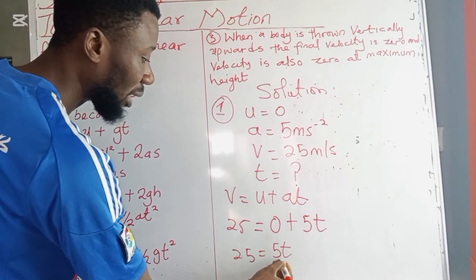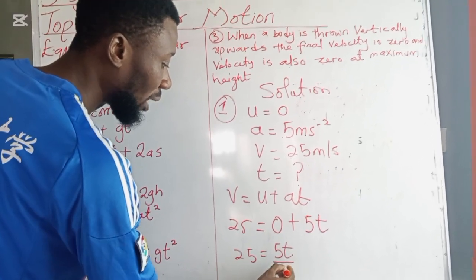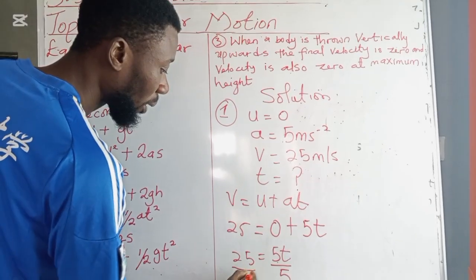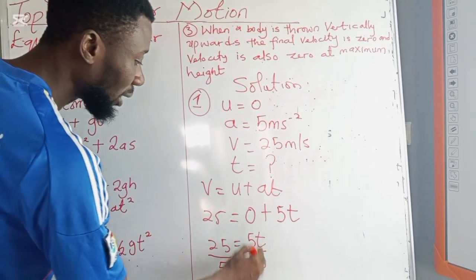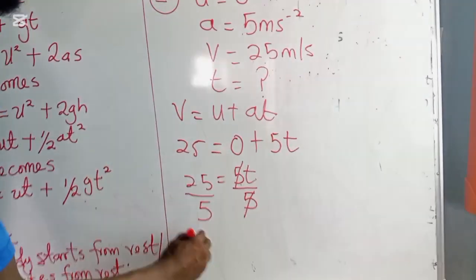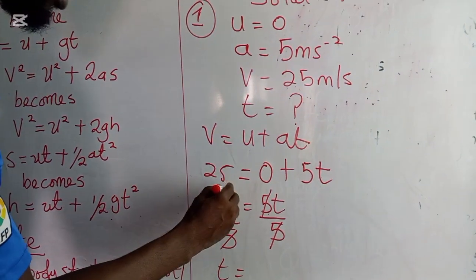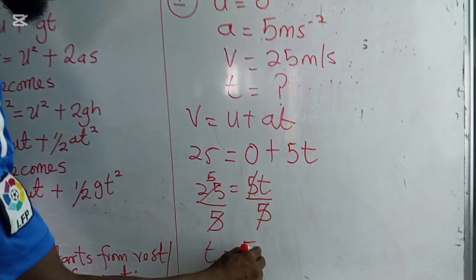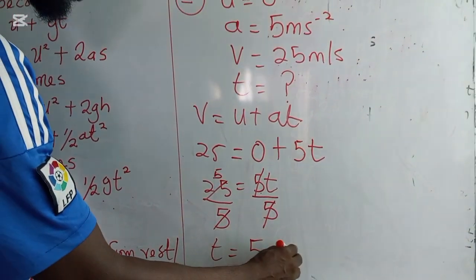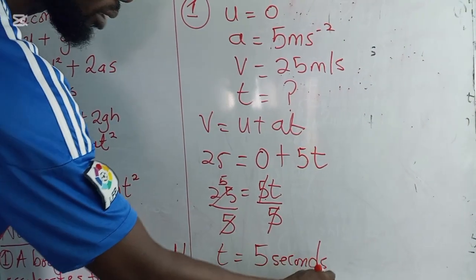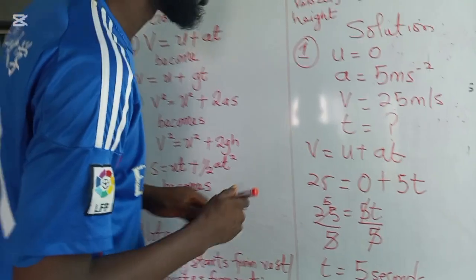We divide both sides by the coefficient of the time, so divide both sides by 5. The 5 takes out this 5, so time equals 25 divided by 5, which gives 5. So the time is 5 seconds. That is our answer for question number one.